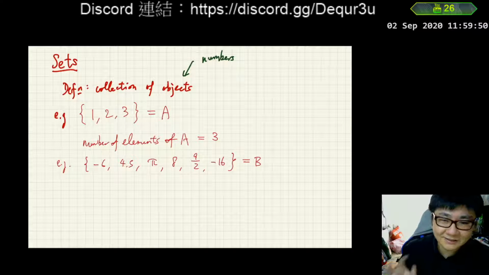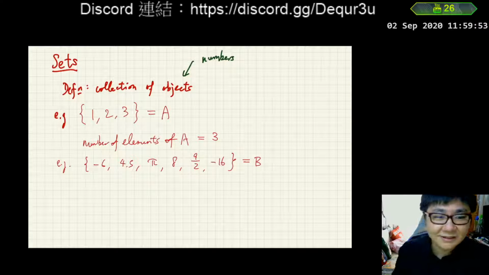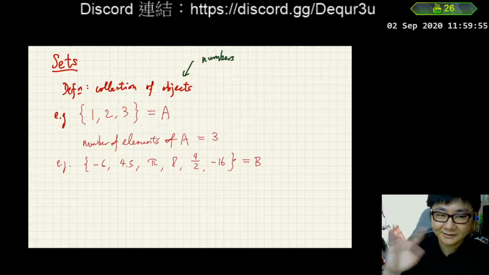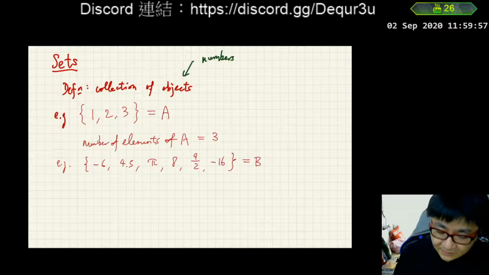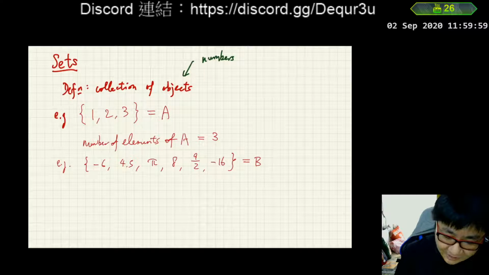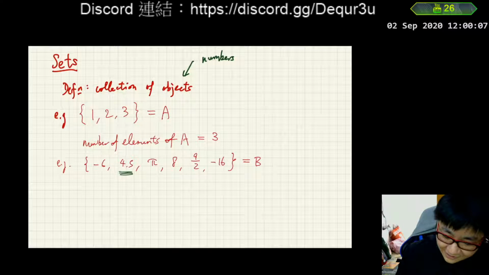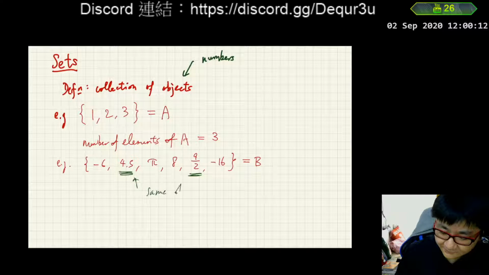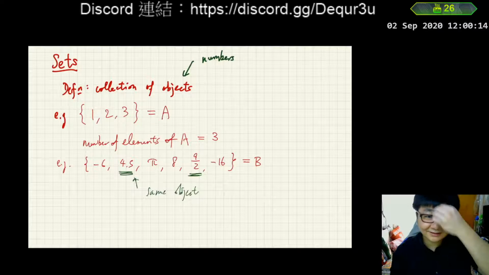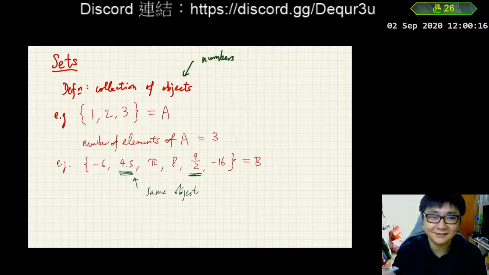Okay, so I see many 6. That's very good, because you seem to understand the number here. Well, but then it is a little bit different. Is that because I also take it as another example? Is that there are 2 of the things are really in fact exactly the same. The 4.5 and the 9/2. In fact, they are the same objects. And then so even I put it in the set, but they are in fact the same thing.